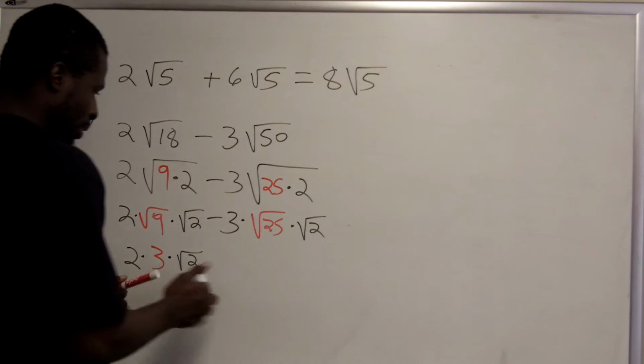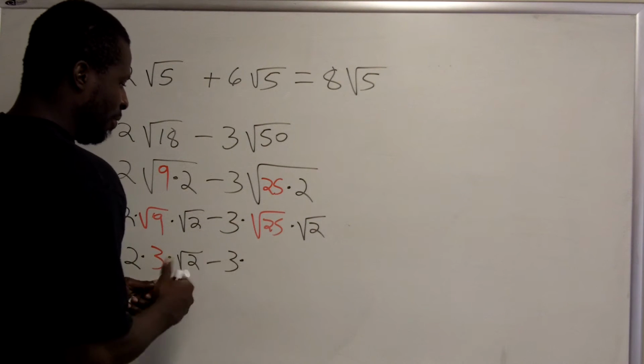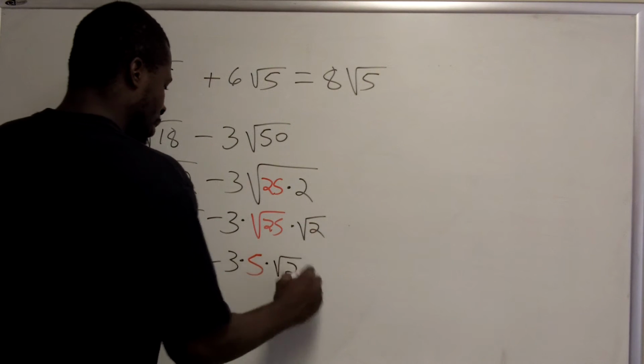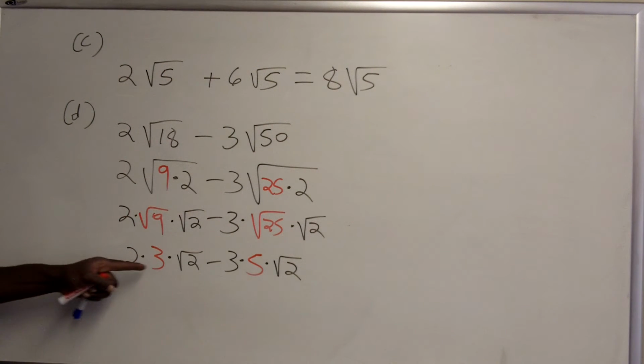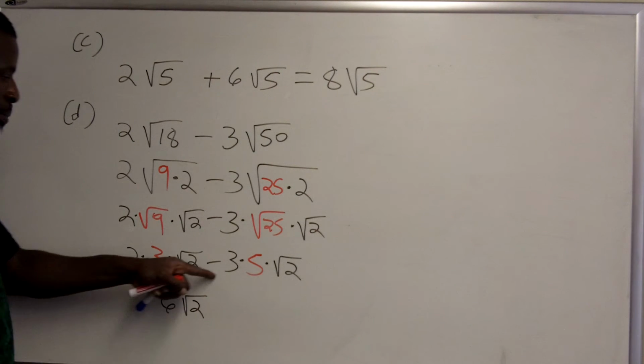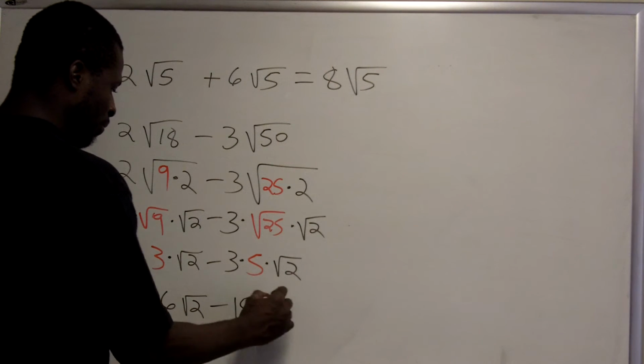And this is minus 3 times, well, the square root of 25 is 5 times the square root of 2. And here, now I have 2 times 3. I know what that is. That is 6 square roots of 2 over here. Minus 3 times 5. Well, that's 15 square roots of 2 over here.